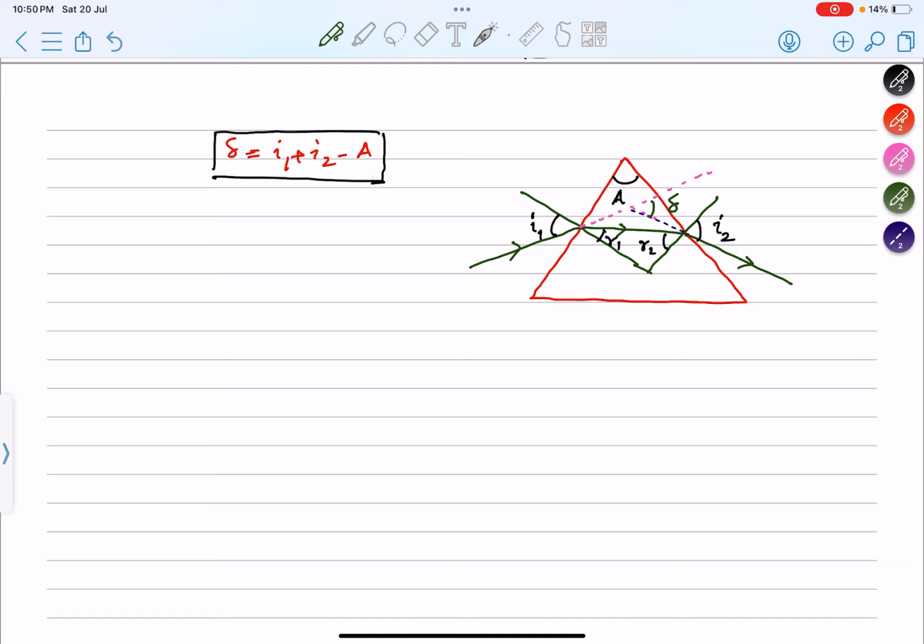So delta depends upon I1, I2 and A. Basically, you can control I2 by changing I1. So what can I comment here? Delta depends on I1, the angle of incidence, and the angle of prism, because I2 can be changed by changing I1 itself.